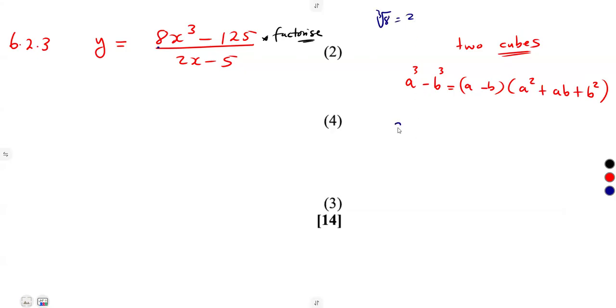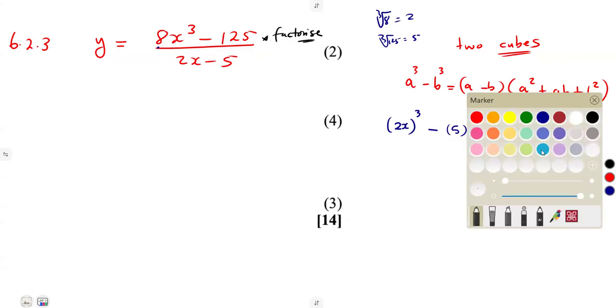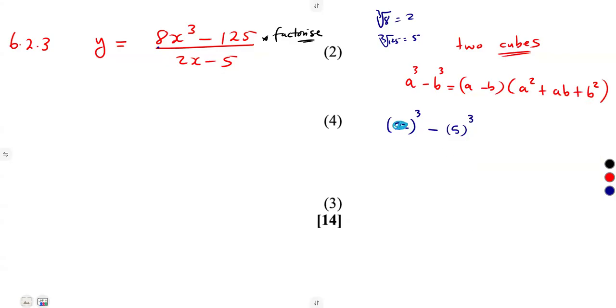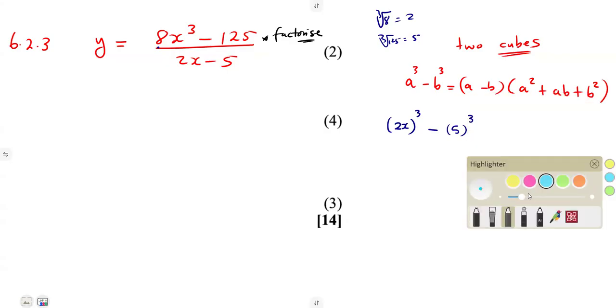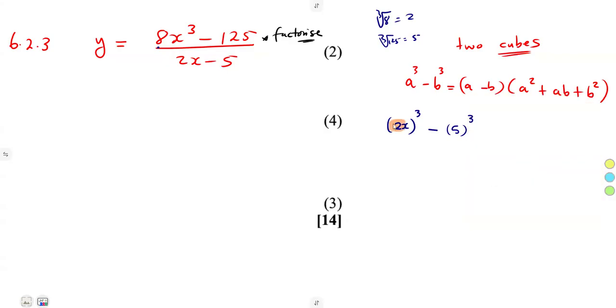So it is the same as 2x, everything raised to the exponent of 3. 2 to the exponent of 3 gives us 8, so we haven't changed anything. Minus 125, we saw that the cube root of 125 is 5, so it is the same as 5 to the exponent of 3. So we have A and B. This is your A, and this is your B.